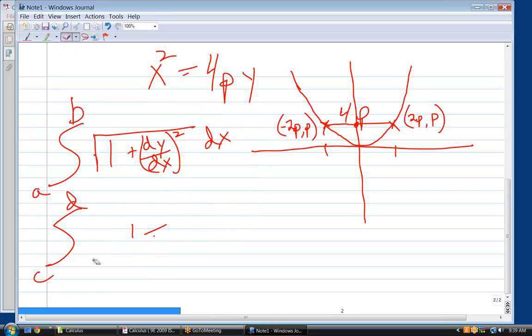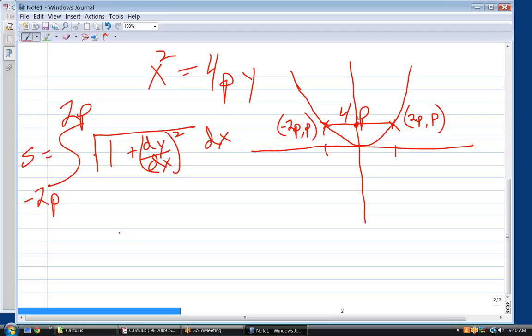Now, we're going to use this one, and we're going to go from minus 2p to plus 2p. So our arc length, which we'll call S, is going to be equal to that.